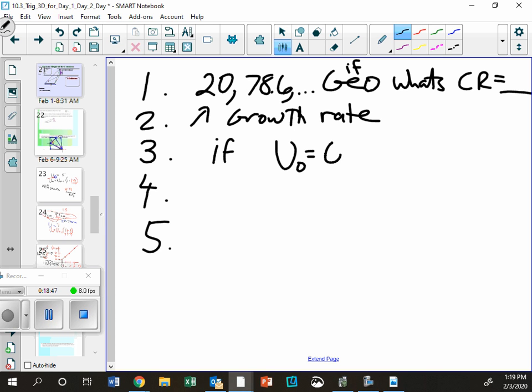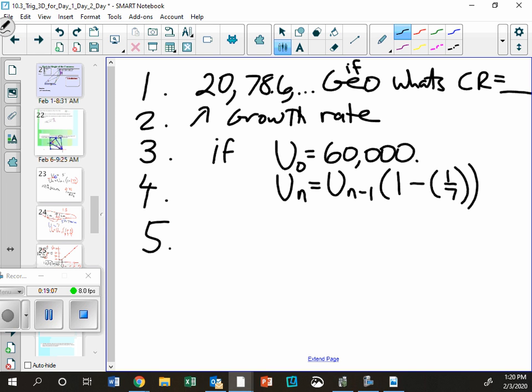If this is my car, I have a Lexus that originally was worth about $60,000 when it was brand new. And if I use this formula, I want to know what my car's decay rate would be, and its value after 12 years.